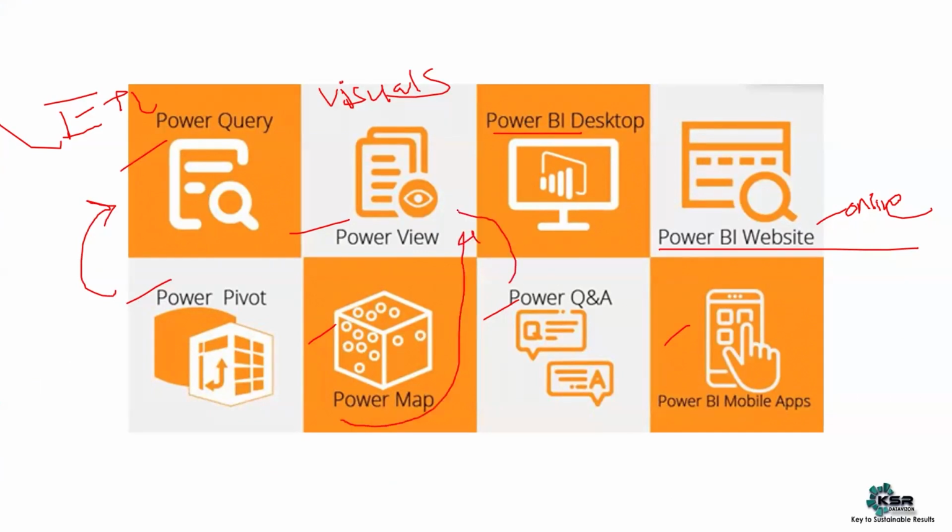Power Q&A is part and parcel of Power View only. With Power BI mobile apps, you can create your mobile application or mobile view visuals in Power BI. So there are 6 different components available in Power BI Desktop, and the Power BI website is where you publish your created reports. This is how the bifurcation is.